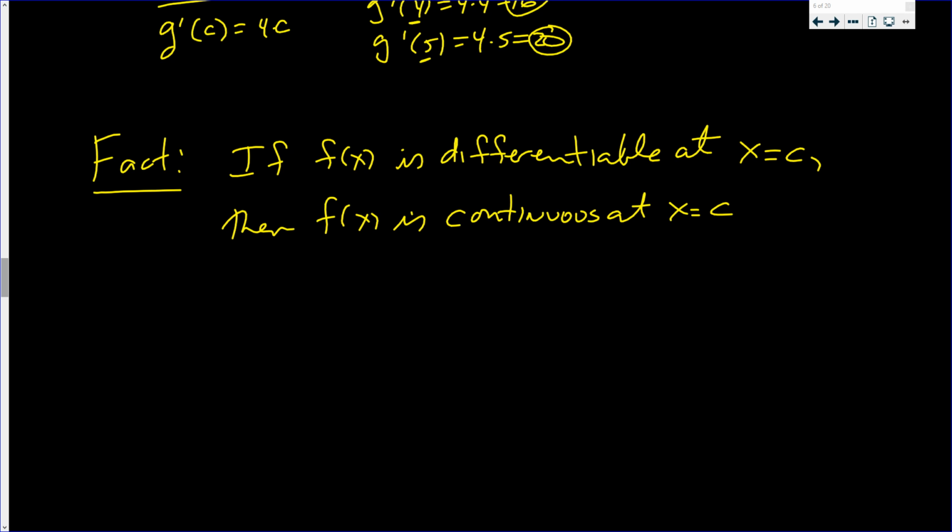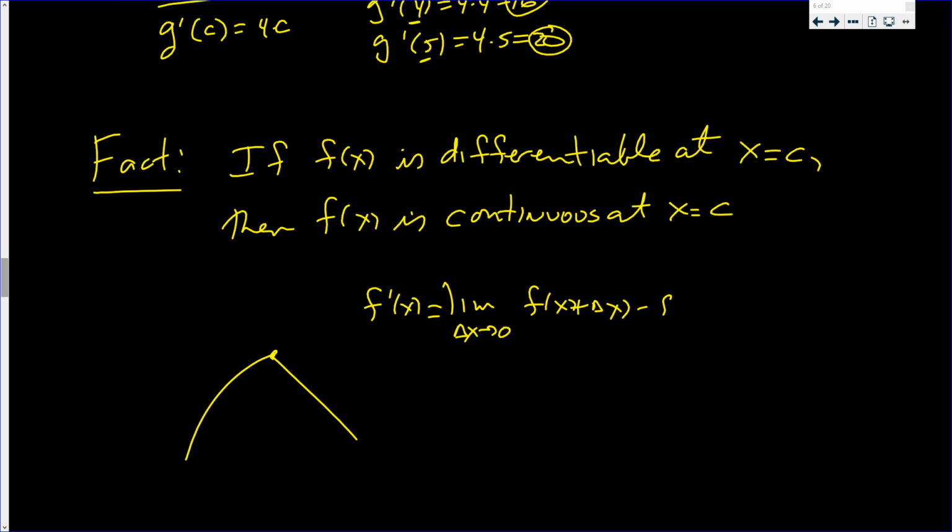Now, just for the record, say you have a function that goes like that. There's a corner point right here. Now, the derivative is a limit. F prime of x is the limit as delta x goes to 0 of f of x plus delta x minus f of x over delta x.